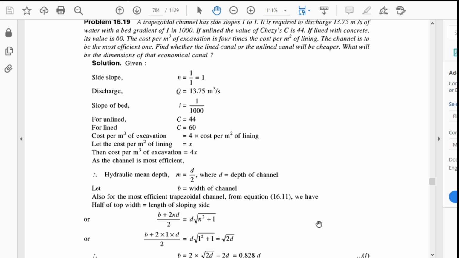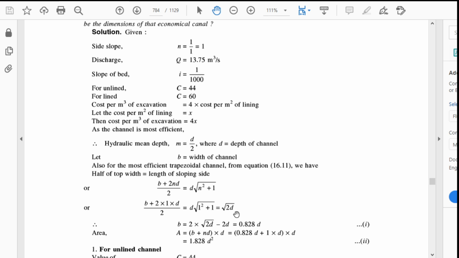The second condition is half of top width equals the length of the sloping side, so b plus 2nd by 2 should be equal to d square root of n square plus 1.